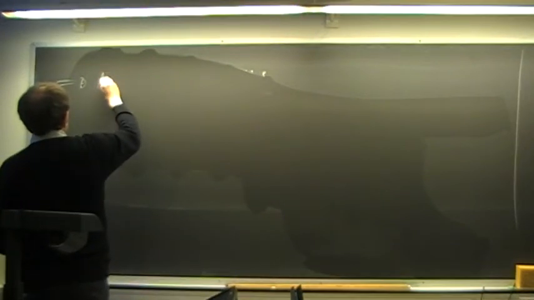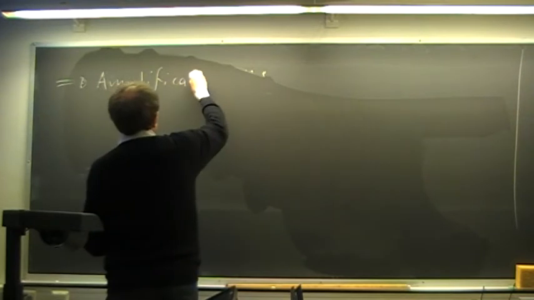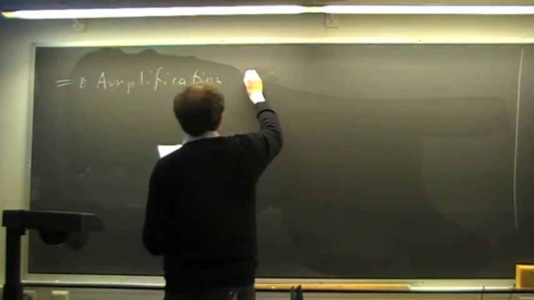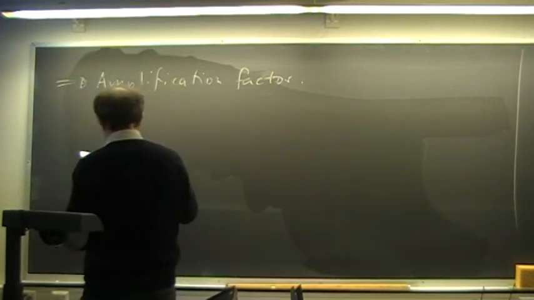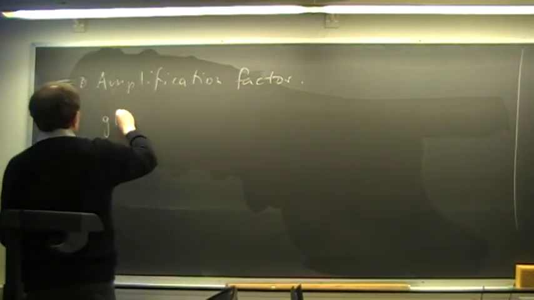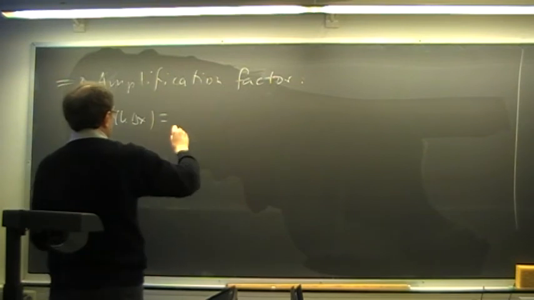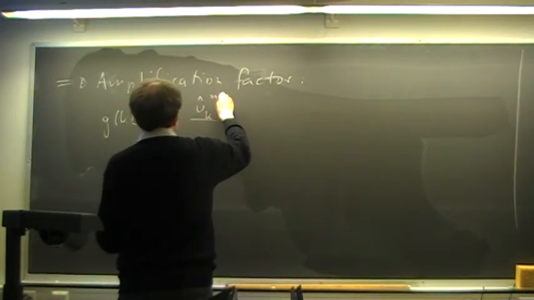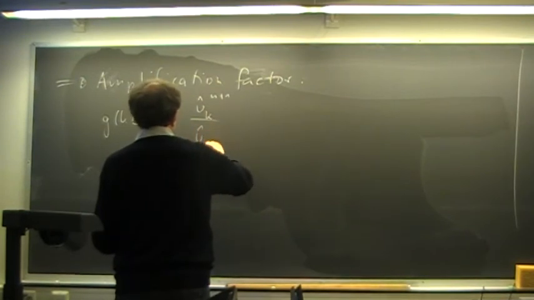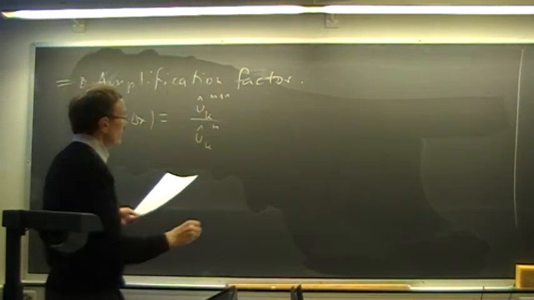So then the amplification factor is g of k delta x. We have identified that as the ratio of the amplitude at the new time level to the one at the old time level.